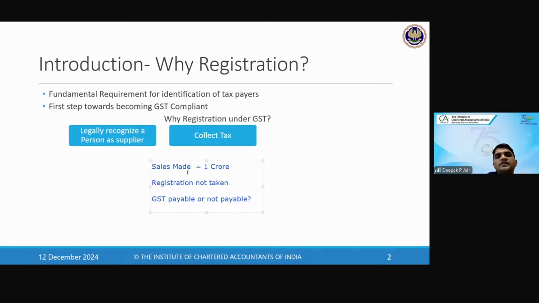So let me take another example to understand. If we draw an inference from income tax, then you will understand this better. In income tax, they say that any kind of income is taxable, whether it is legal or illegal. If you do smuggling, is it taxable to income tax?